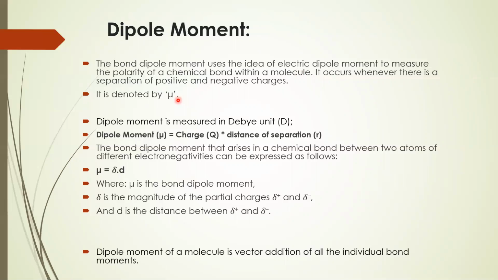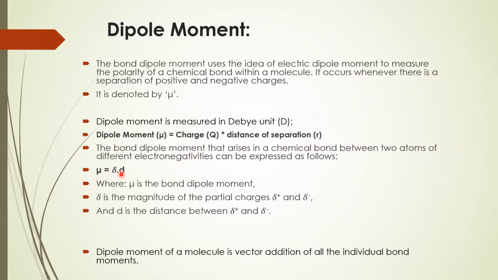It is denoted by mu. Dipole moment is measured in Debye units, which is denoted as capital D. Dipole moment is equal to charge into distance of separation. Right. Specifically, it can also be denoted as mu equals delta into d.